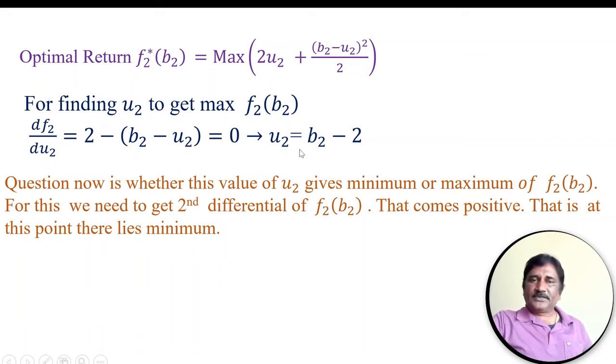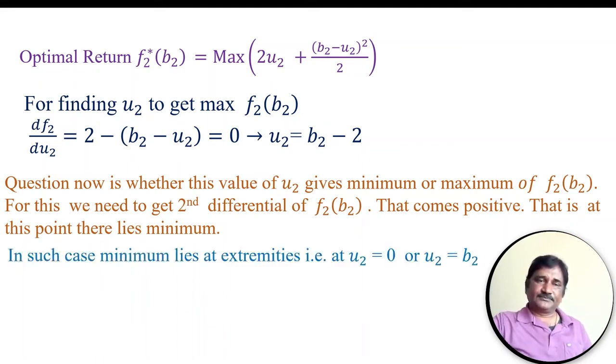So after differentiation, you have got u2 is equal to b2 minus 2, which gives you the minimum function value. And you are not getting another value of u2, where probably you would have got the maximum value. When you do not get another value, in such a case, the maximum lies at extremities.